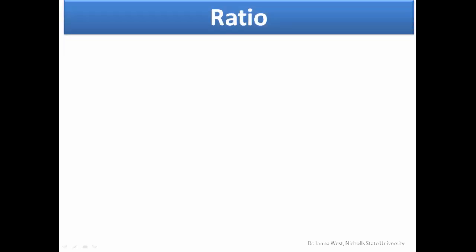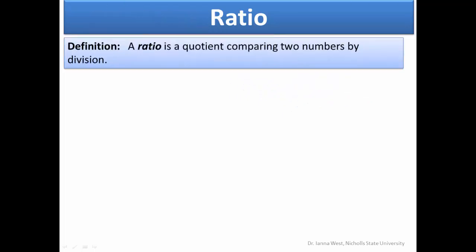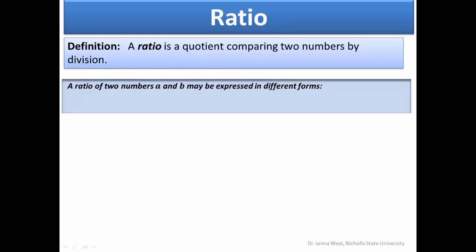By definition, a ratio is a quotient comparing two numbers by division. A ratio of two numbers, A and B, may be represented or expressed in different forms.